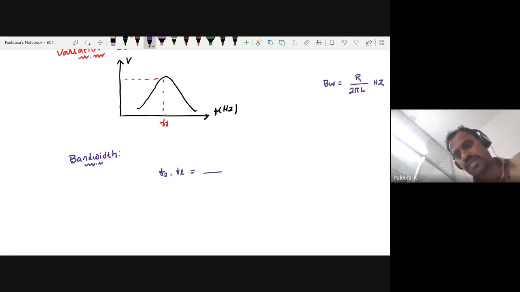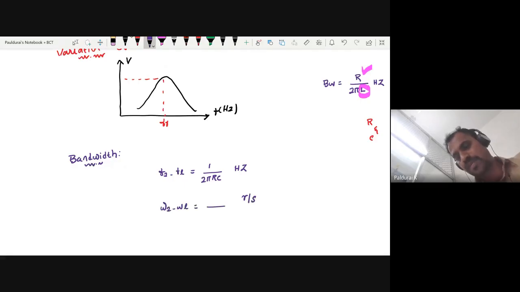Here, if you derive, you will get 1 divided by 2 pi RC hertz, since here I am playing with L and R, while for parallel resonance you want to play with R and C. Or otherwise omega 2 minus omega 1 in terms of radian per second.